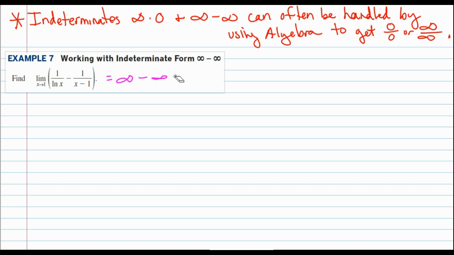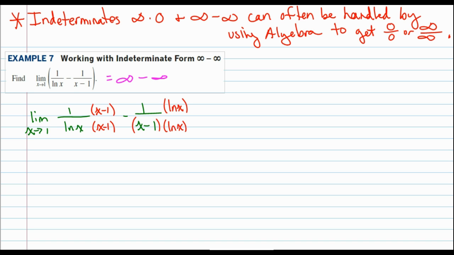That's our indeterminate form. So let's see if we can use a little bit of algebra to help us out in getting a 0 over 0 or infinity over infinity indeterminate form. Well, I think I want to find a common denominator. So I'm going to do that by multiplying the first term by x minus 1 over x minus 1 and the second term by natural log of x over natural log of x. And then that gives me the common denominator of the natural log of x times x minus 1.